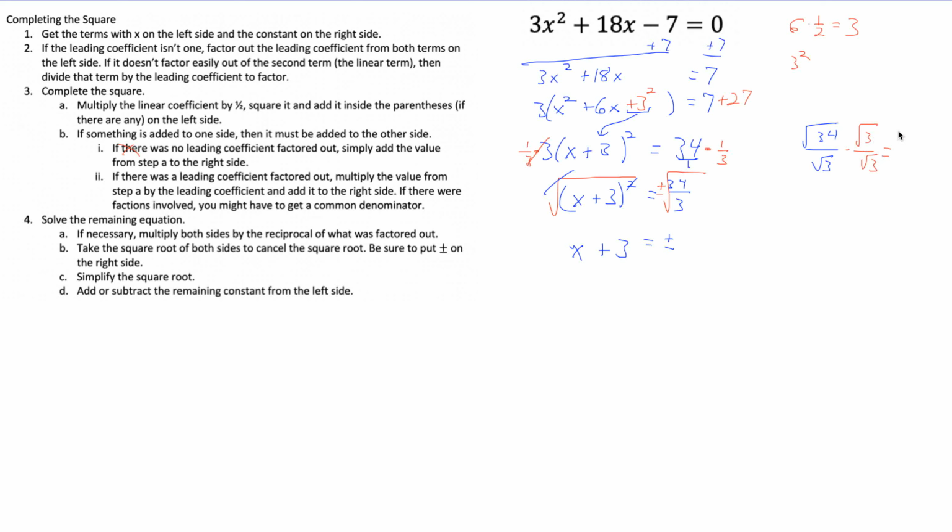And that gives us 34 times 3 is 102. So the square root of 102. And root 3 times root 3 is just 3. And so we simplified the square root. This is square root of 102 over 3. And now we can just subtract 3 from both sides.